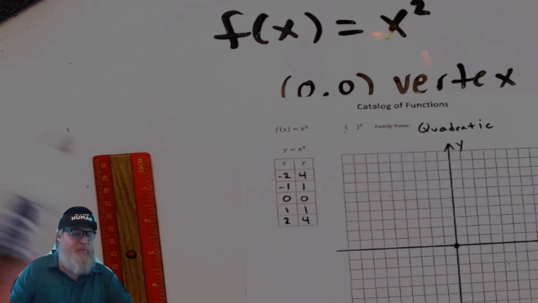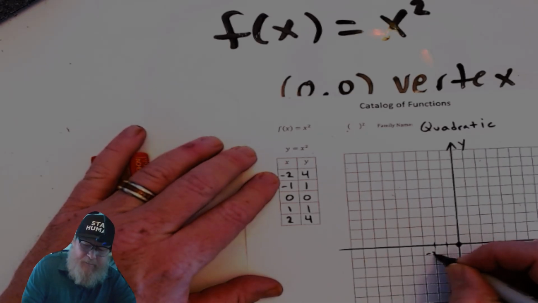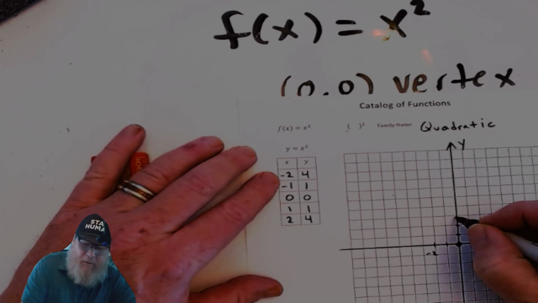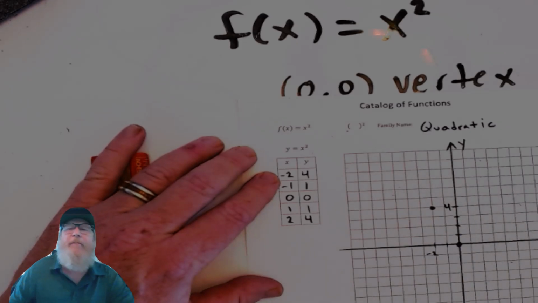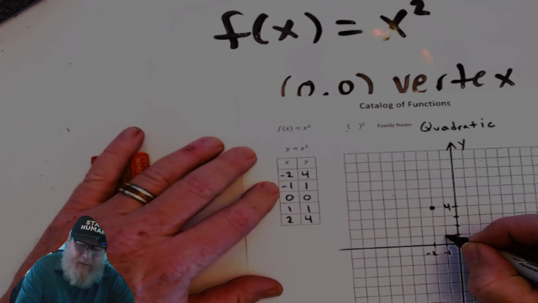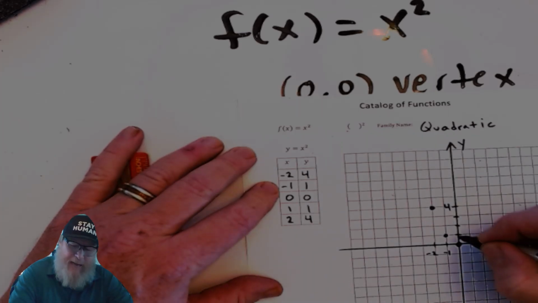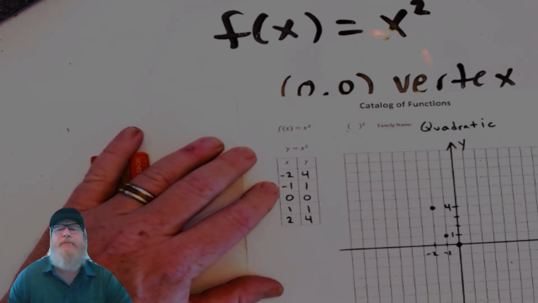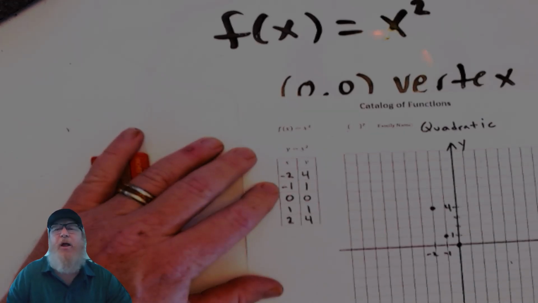And then I'm just going to go through the list here. So I've got negative 2 and 4. Put a dot right there. Negative 1 and 1. I could label that as 1 just to make it absolutely clear. But unless you're specifying a different scale, assume that each block is 1 unit.